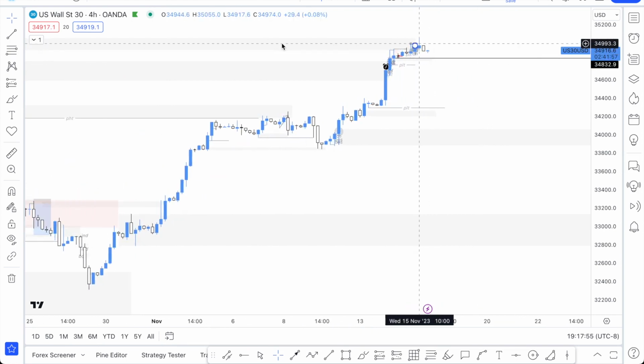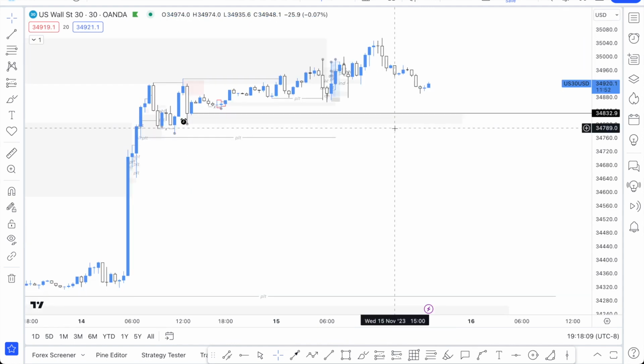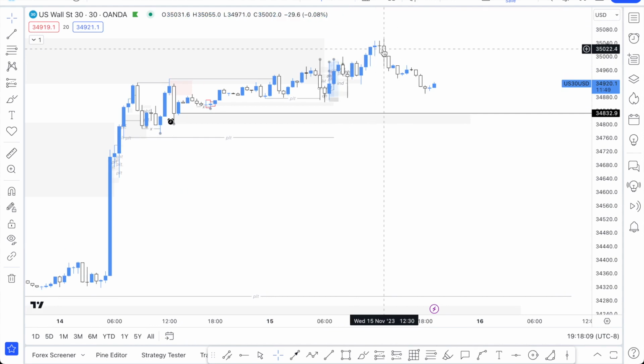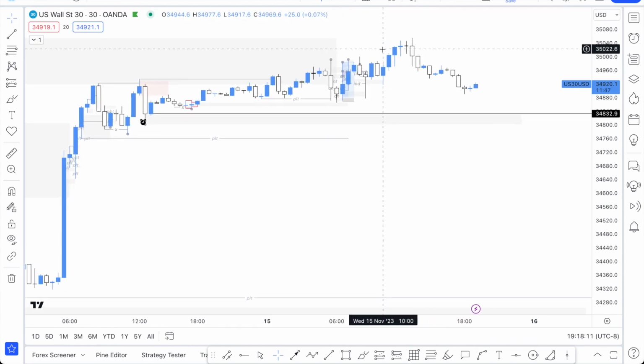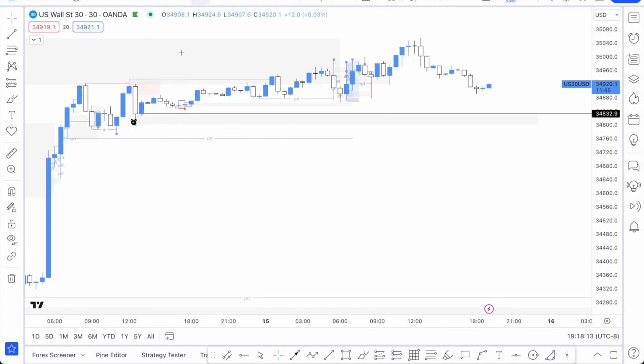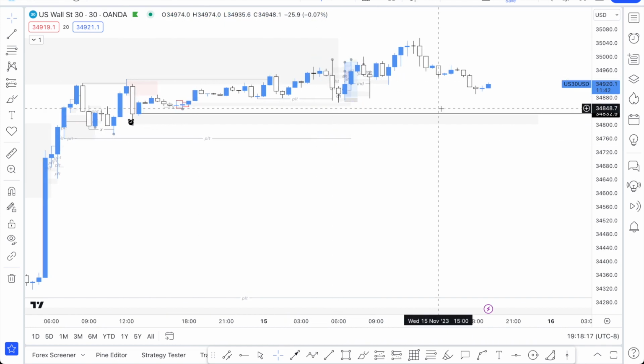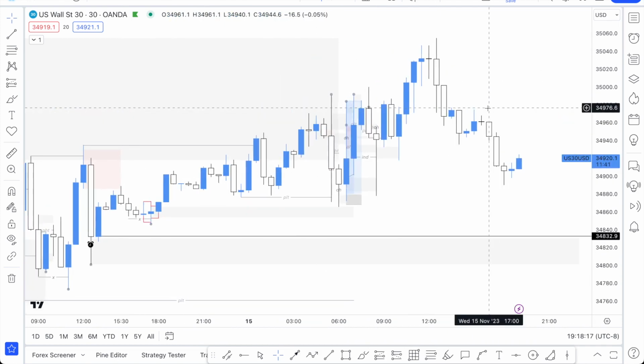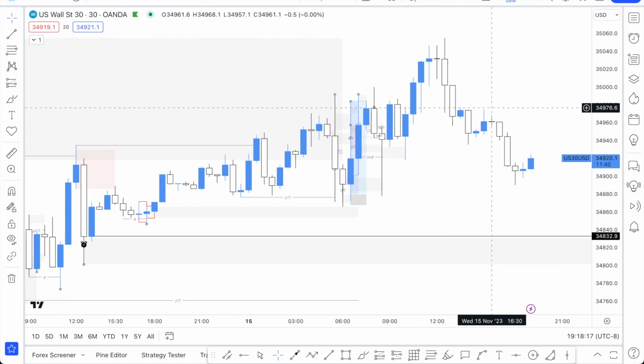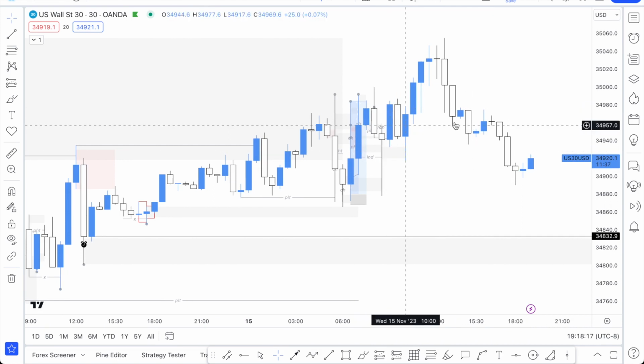So if we go back down to the 30-minute, I know that I should be looking for sells, right? However, the order flow on the 30-minute is telling me price is bullish. Sometimes a lot of you may have questions or concerns about which direction you should be trading.